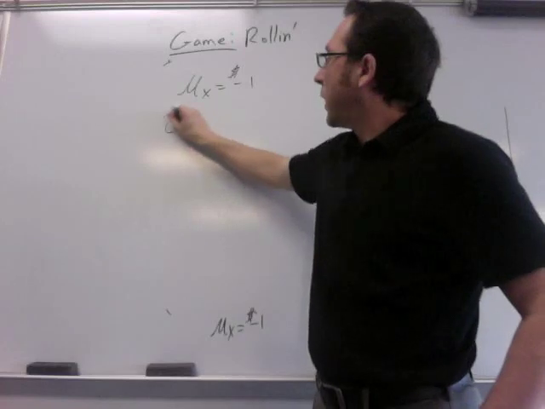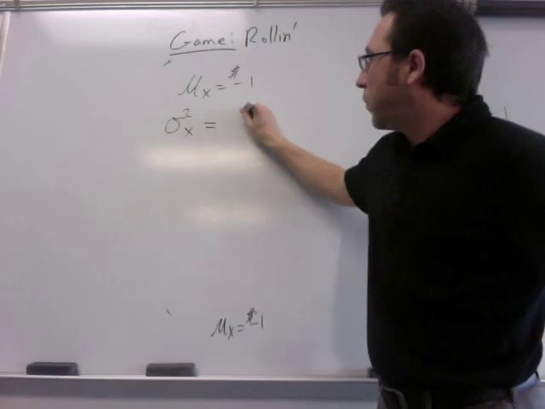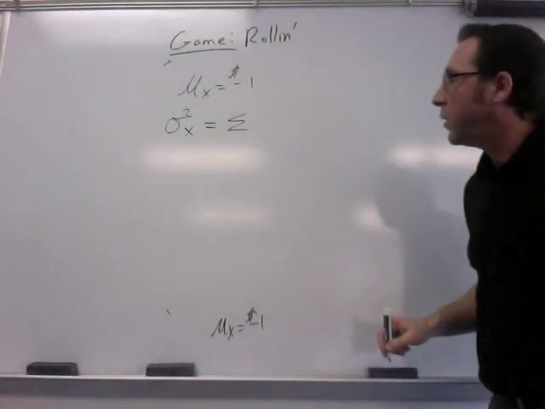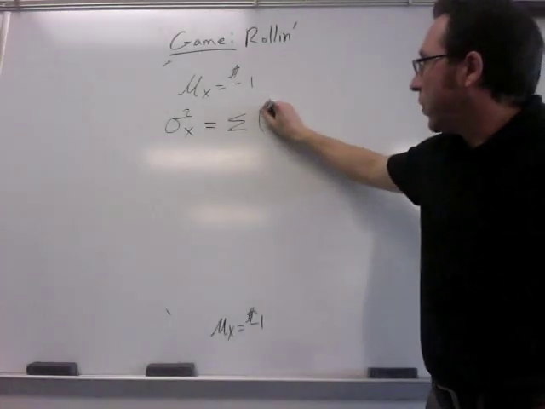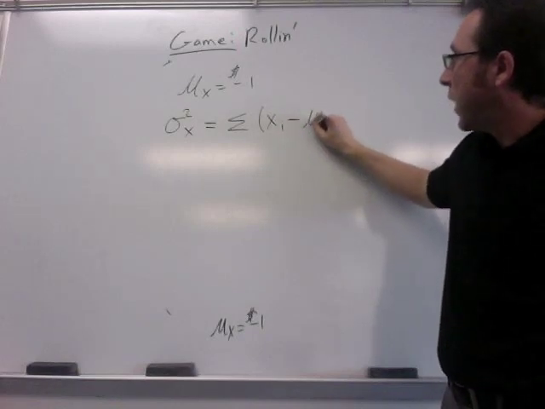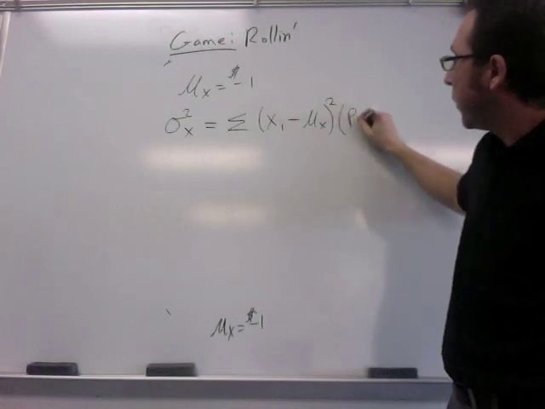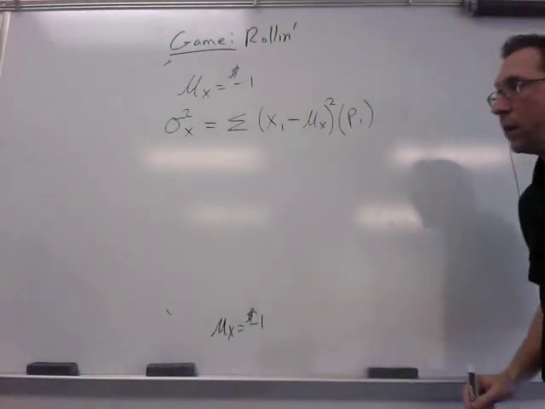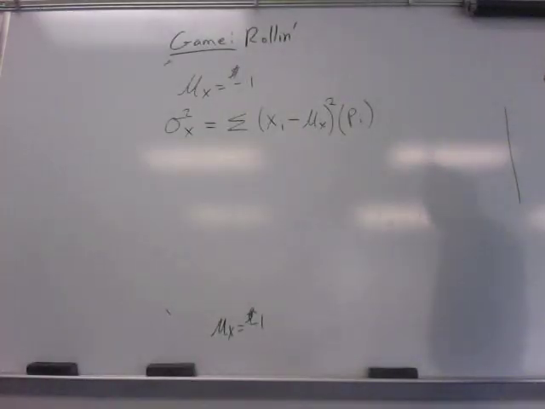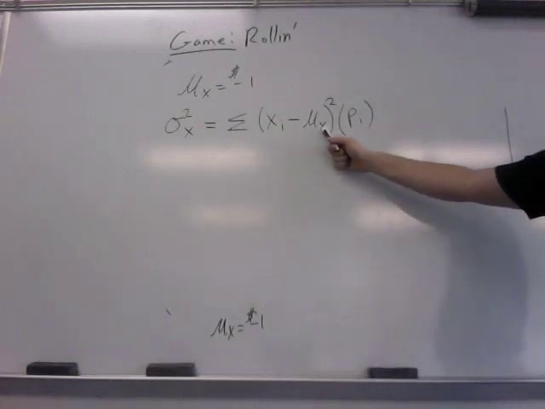What we're going to calculate now is the variance of a random variable, and its formula also includes a summation. One version of the formula takes each individual x, subtracts away the expected value, squared, times the probability of each individual event. So you can't figure out the variance unless you know the expected value.